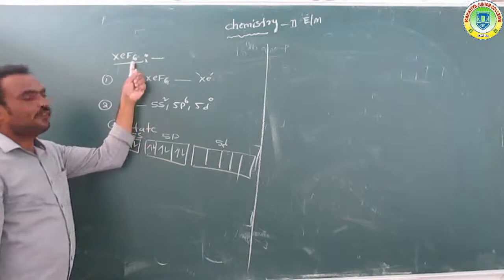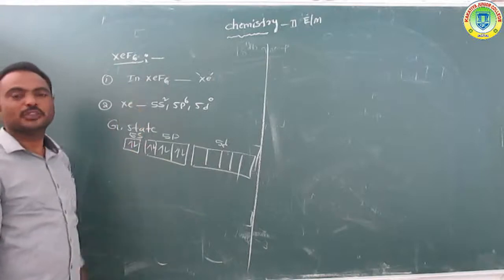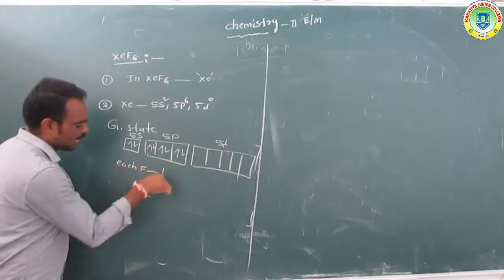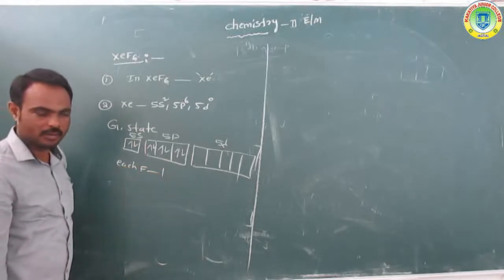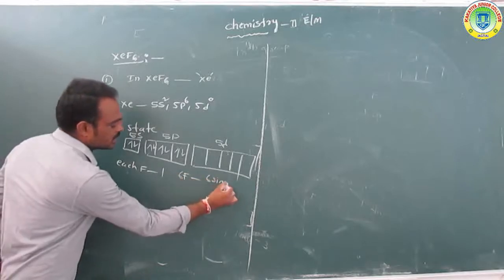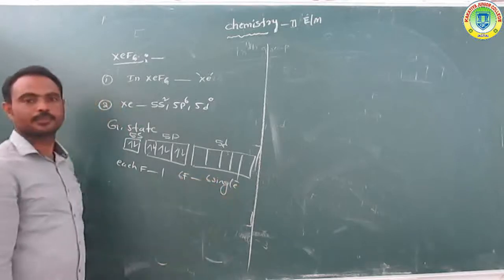Here, how many fluorine atoms? 6 fluorine atoms. Each fluorine atom contains one single electron, so 6 fluorine atoms contain 6 single electrons.